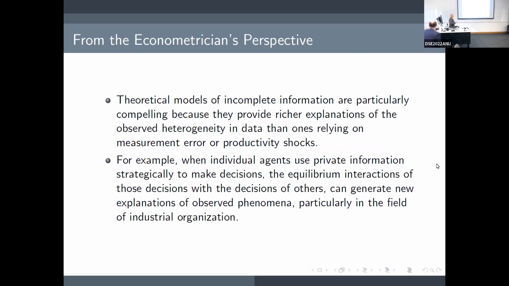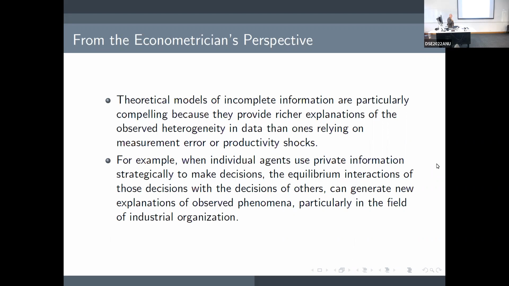Theoretical models of incomplete information are particularly compelling to me, at least, as econometricians, in that they provide a richer explanation of observed heterogeneity in data than ones that rely on measurement error or productivity shocks. I'm not saying that measurement error and productivity shocks aren't important, but in auctions, there is no measurement error in the data, so it's hard to generate an empirical specification, and typically in the models, there are no productivity shocks either.